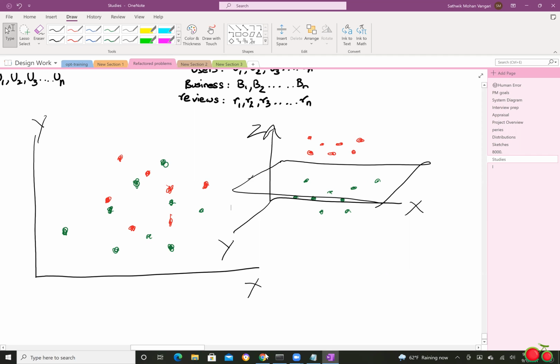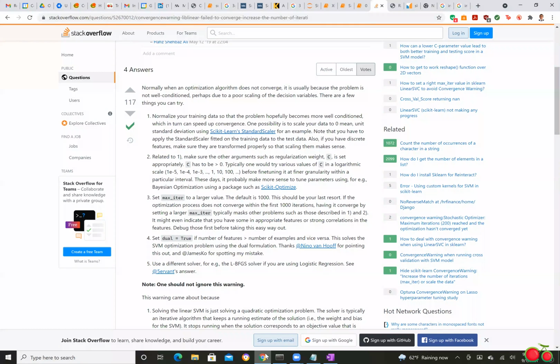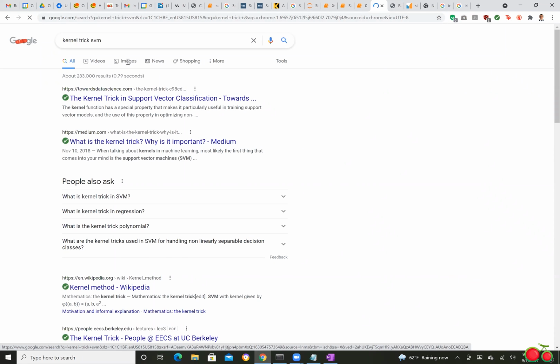Yeah, kind of. Yep. So let me quickly look at SVM. When you just type that in Google, you'll be able to see some images. Okay, it's loading up. See this?